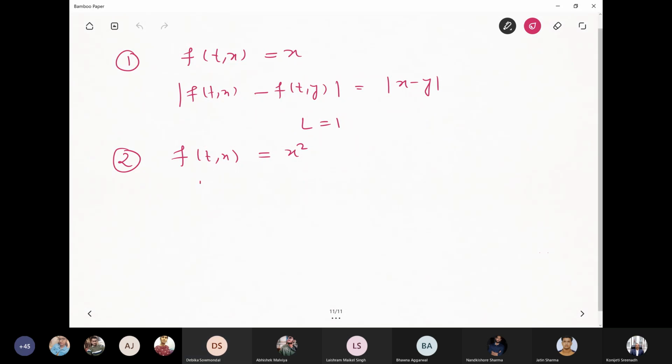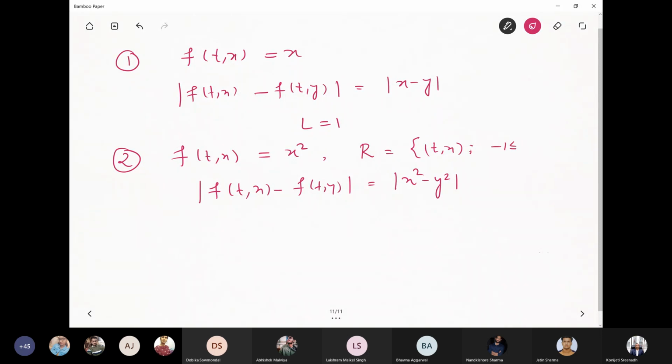So in this case, write f(t, x) minus f(t, y). It's going to be x square minus y square. That is why here we take the rectangle, the rectangle (t, x), where t lies between 0 and 1, right?